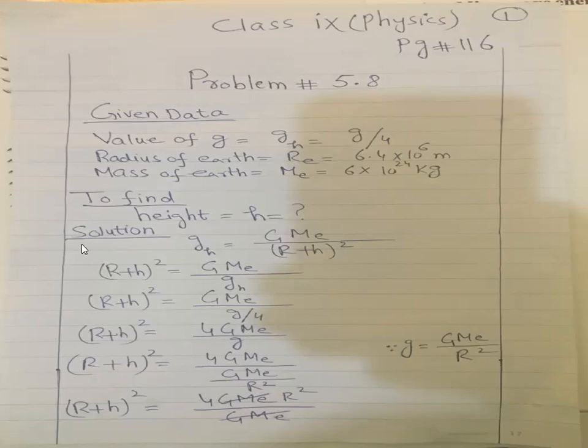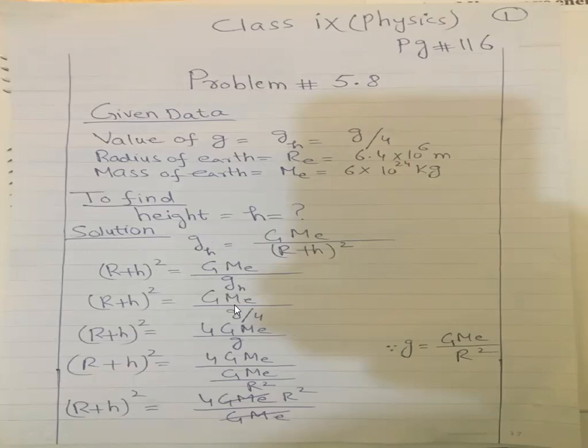If you cross multiply this, take r plus h whole square on this side and gh on this side, so r plus h whole square is equal to gme divided by gh. Now replace gh with g by 4.